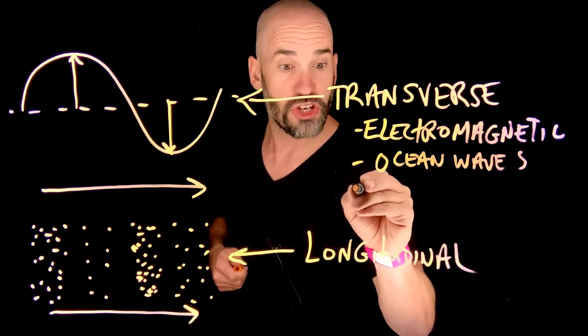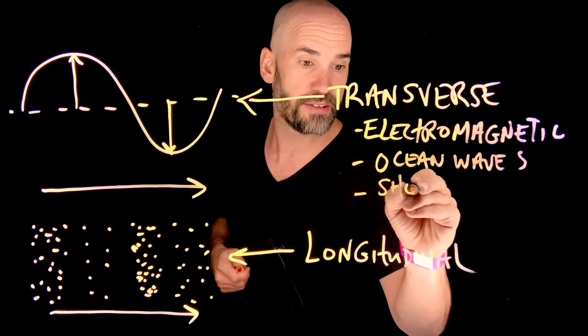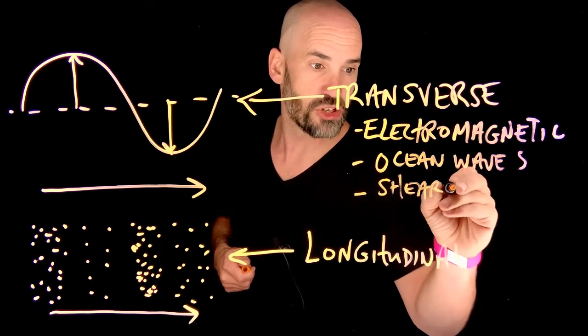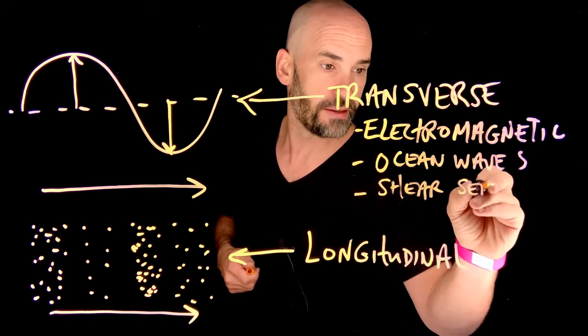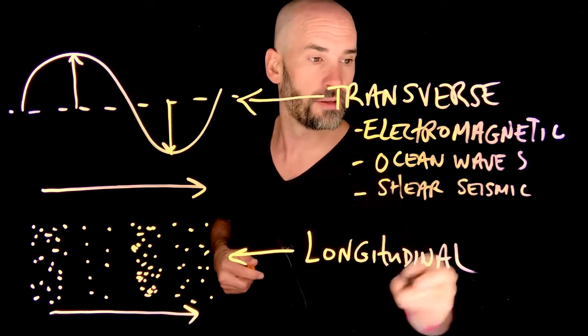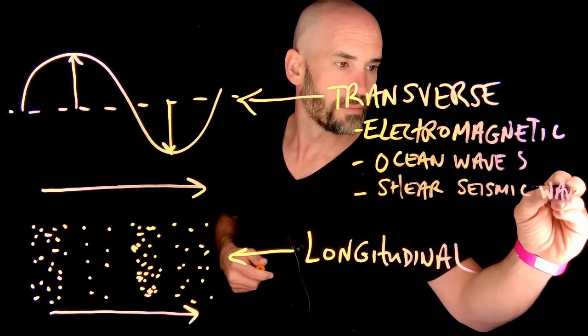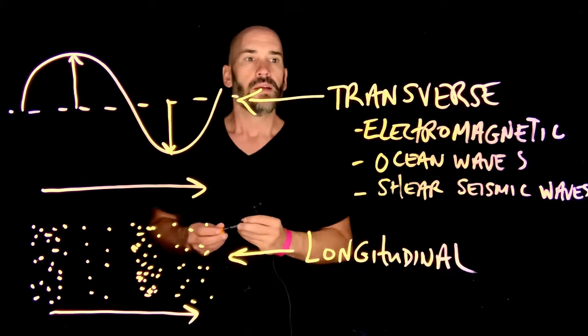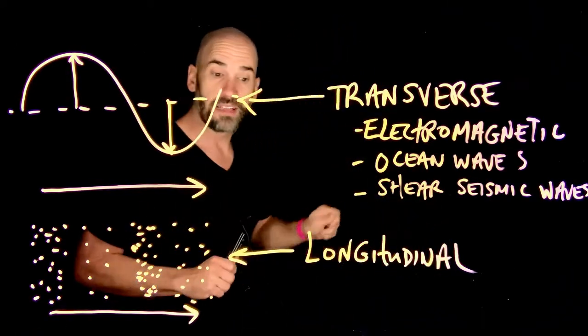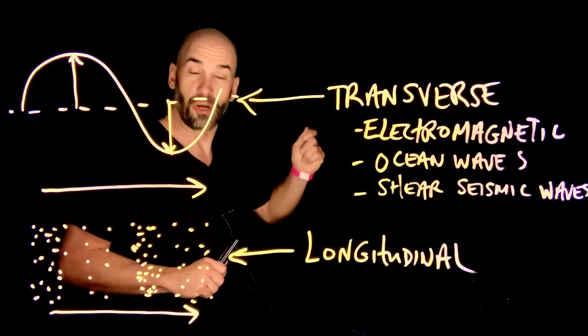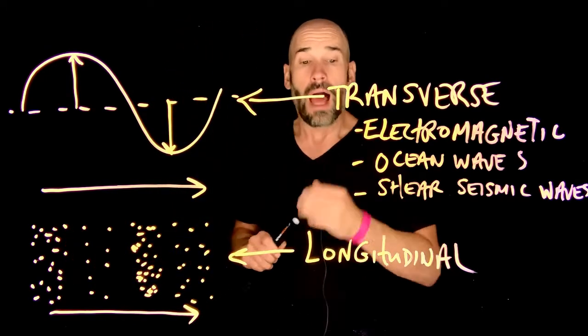And there are shear seismic waves. So there's two different kinds of seismic waves. One of them is shear, and those would be transverse waves. Transverse waves also tend to be the classic wave on a string, like if you're doing a jump rope or something like that.